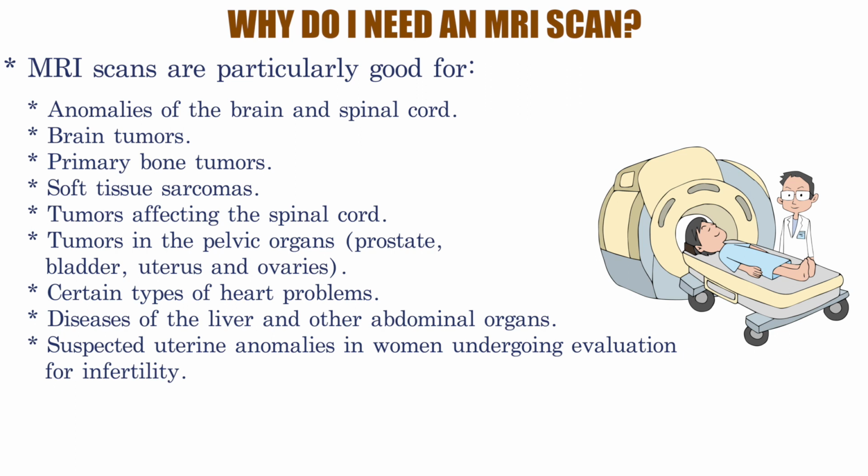They are also good for brain tumors, primary bone tumors, soft tissue sarcomas, tumors affecting the spinal cord, and tumors in the pelvic organs like prostate, bladder, uterus, and ovaries. Useful for certain types of heart problems, also useful for diseases of the liver and other abdominal organs. MRI is also suitable for suspected uterine anomalies in women undergoing evaluation for infertility.